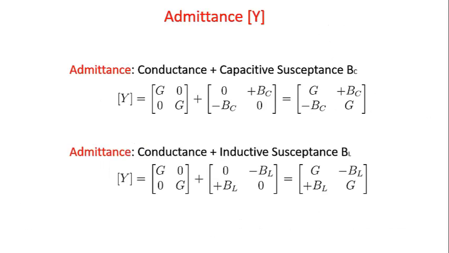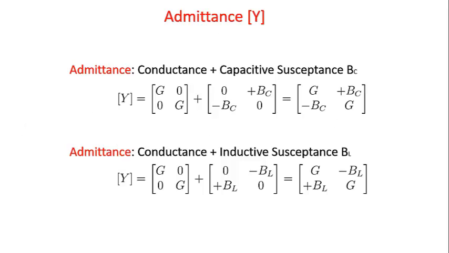So what you're going to find is everything is the same, except that the inductive susceptance is on the backward diagonal. It's got negative in the upper right-hand corner and positive in the lower left corner, and you can combine them as follows.